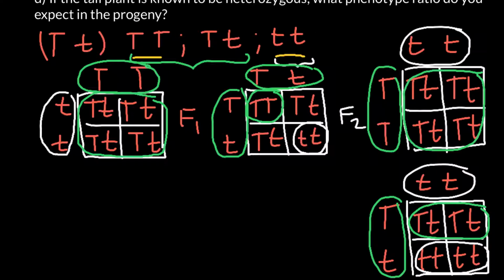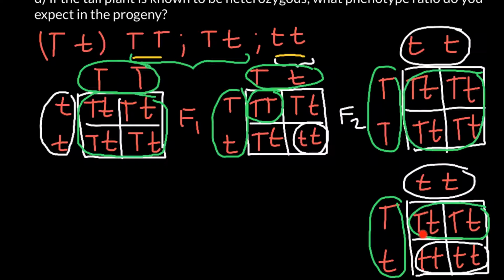So when we do a test cross of a known genotype with an unknown genotype but known phenotype, two outcomes are possible. If all plants are tall, we know instantly that the genotype of the unknown plant is homozygous dominant.